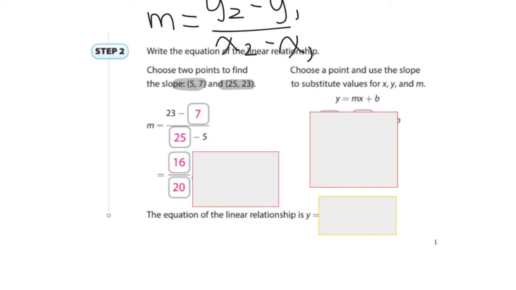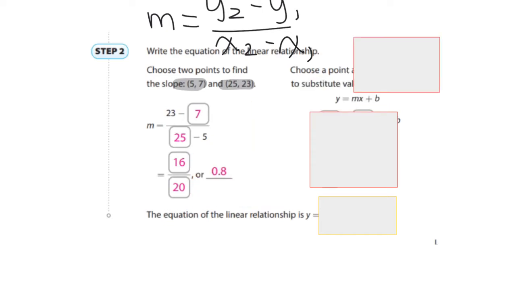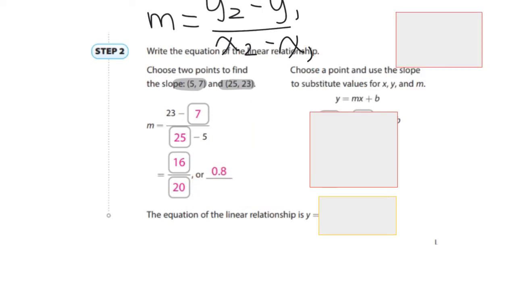You will get 16/20. Now, I don't know why this book has converted the fraction into a decimal. I'll give you a second to take your calculator, take 16 divided by 20, and calculate your decimal. That decimal is going to be 0.8.